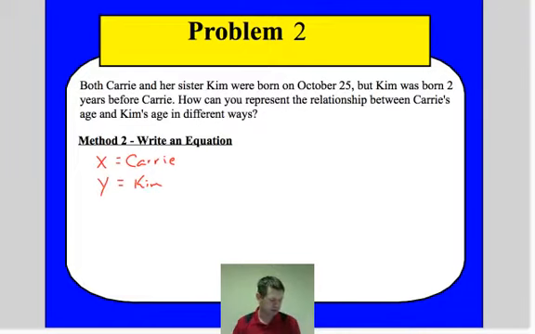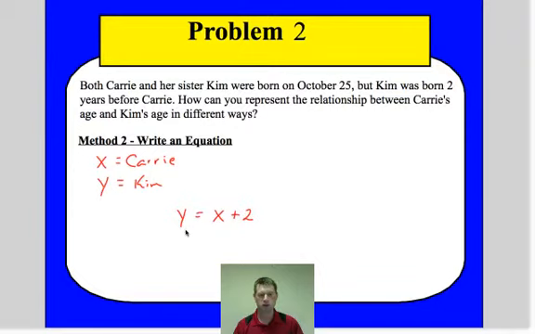In the table, you can see that y is always 2 greater than x. So that means that when we represent x as an age, we're going to have to add 2 to Carrie's age there to determine what Kim's age is going to be. So if she's 1, 1 plus 2 makes 3, which would fit our table.